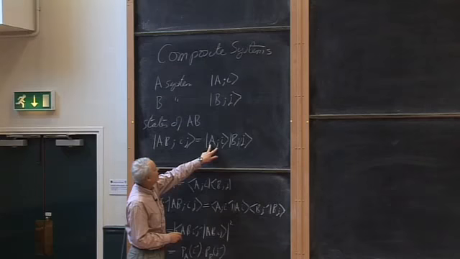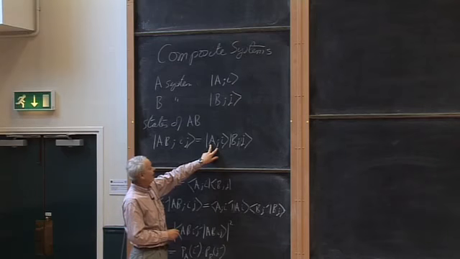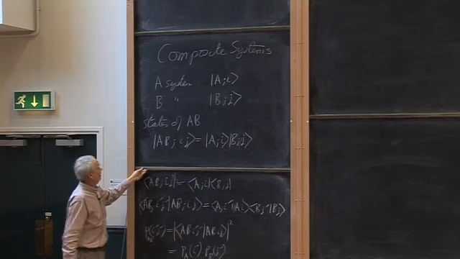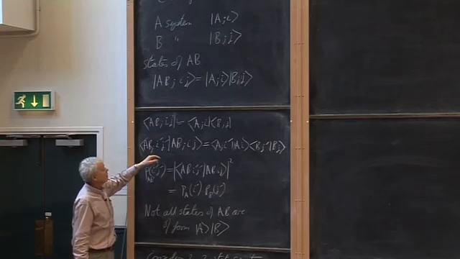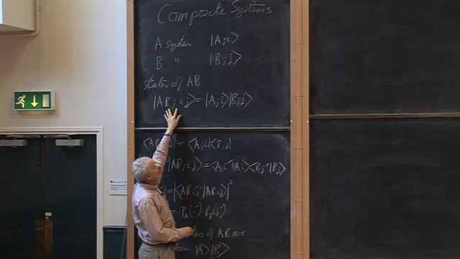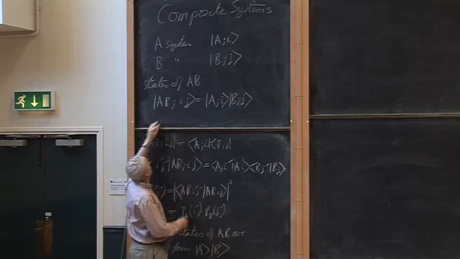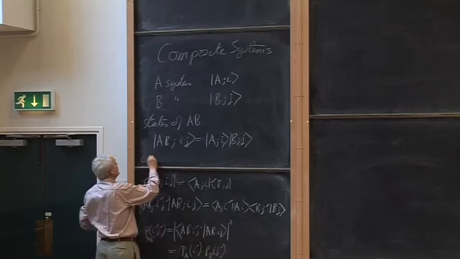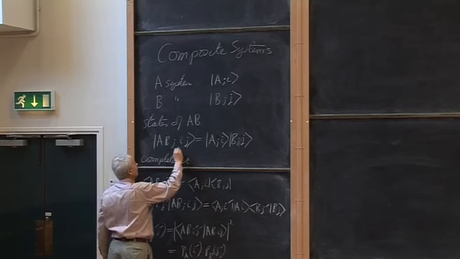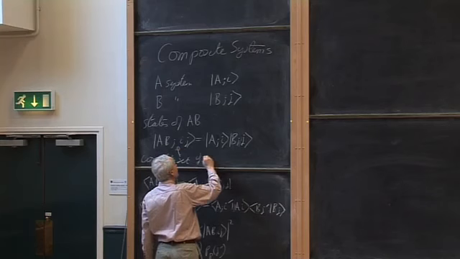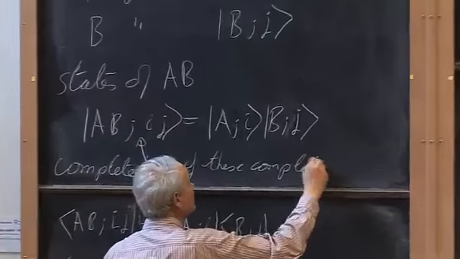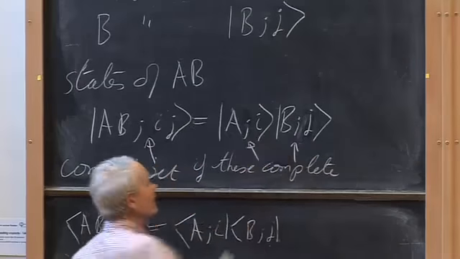If these objects form a complete set of states of A and these objects form a complete set of states for B, then it's not hard to persuade yourself that these objects form a complete set for AB, if these are complete for their respective subsystems. Now, what's this telling us?